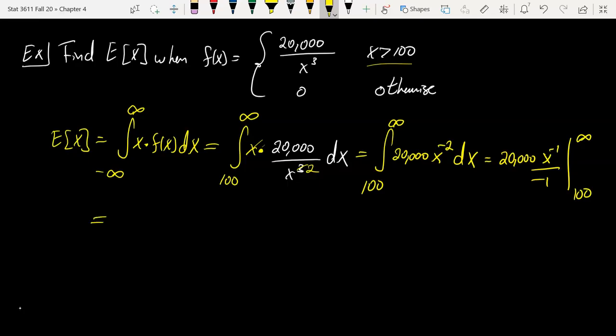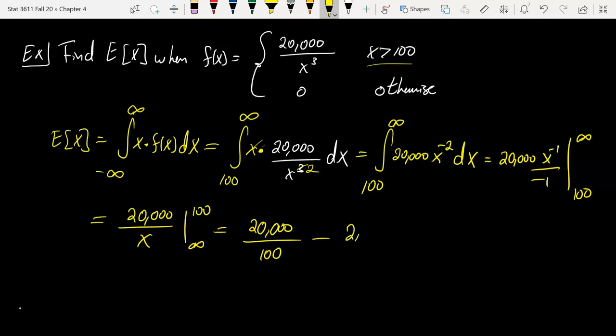And so let's work through plugging in your endpoints here. Before I do that, I'm going to rewrite this and absorb the minus sign into the bound. So I've got 20,000. x to the minus 1 is just divided by x. And I absorb the negative into the bounds of integration and flip my bounds, go from infinity to 100 now. And so what do we have here? Plugging in 100, 20,000 divided by 100, minus 20,000 divided by infinity.